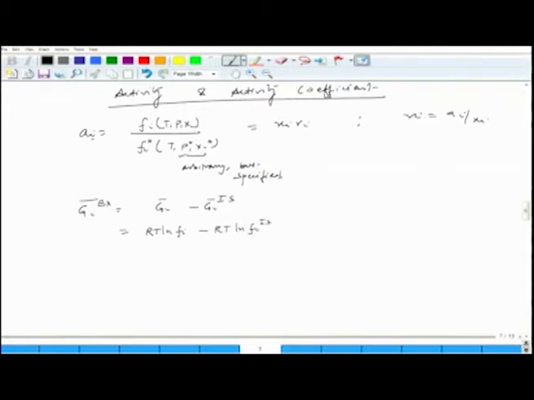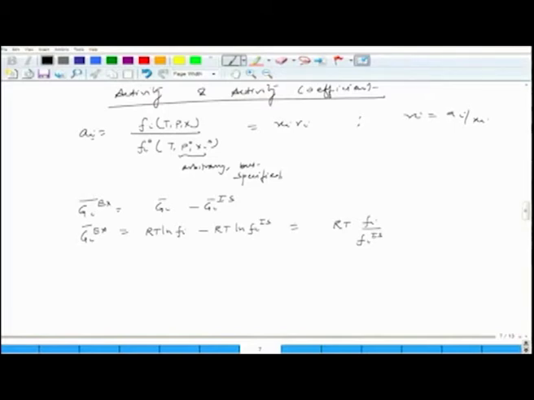The reference part cancels because you are using the same reference here. So RT ln f_i^is remains here, which essentially means G_i excess bar is RT ln of f_i over f_i^is.